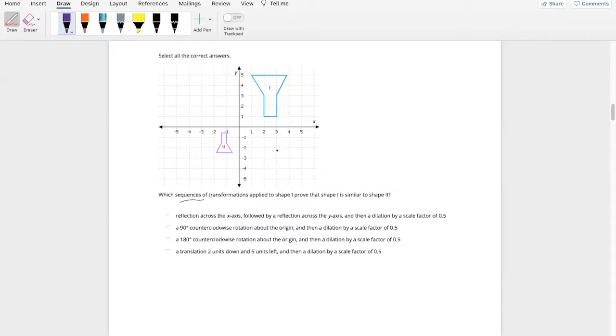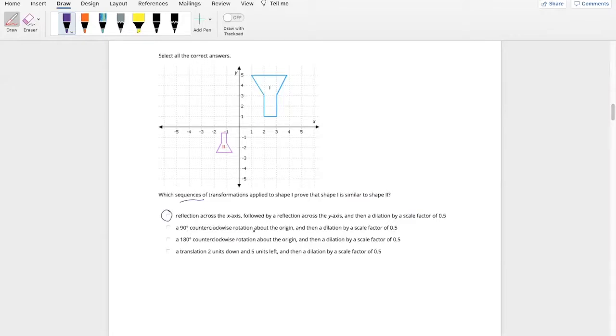So if you can kind of picture it upside down. And then dilated by a scale factor of 1/2 or 0.5. So that definitely looks like it would work, because going from shape 1 to shape 2, it gets smaller. So it was multiplied by that decimal. So that one works.